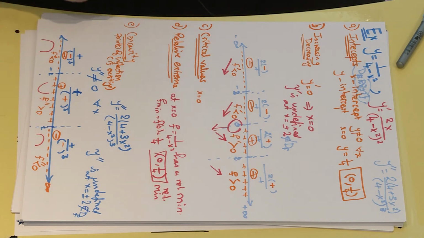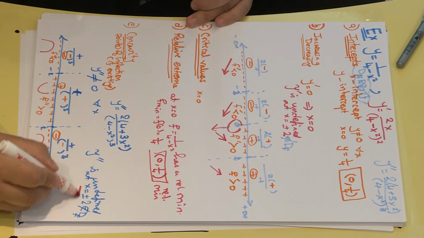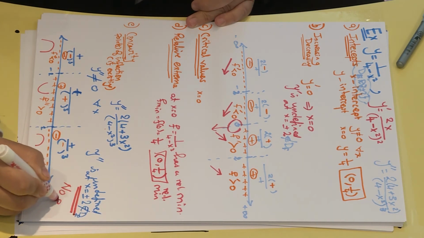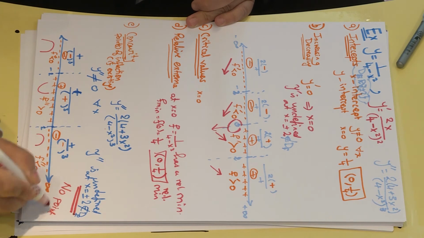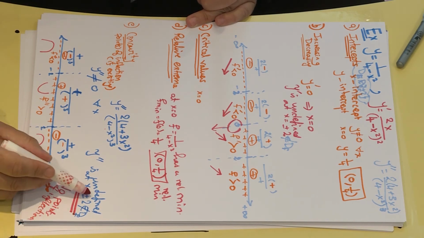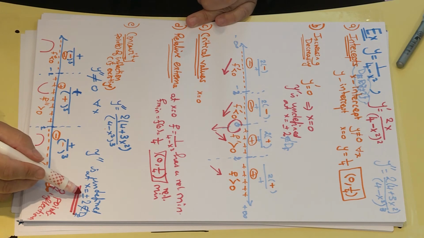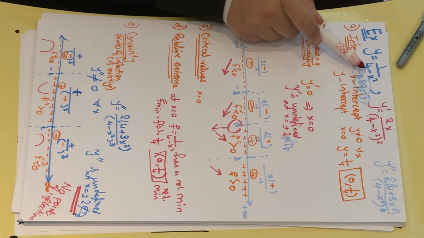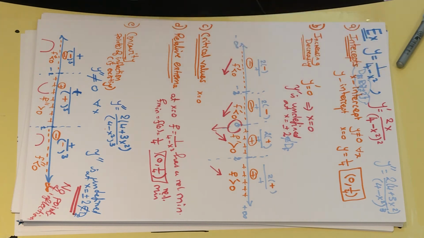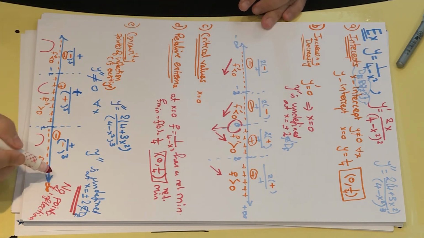No, we cannot, because, and this is very important, a point means that we need to find the y coordinate. Whenever we take the 2 or the -2 and we go to the original function, this makes the original function undefined. So you cannot find the corresponding y. So here we do not have points of inflection.